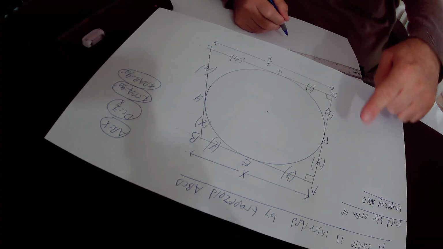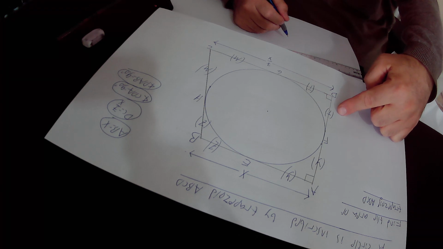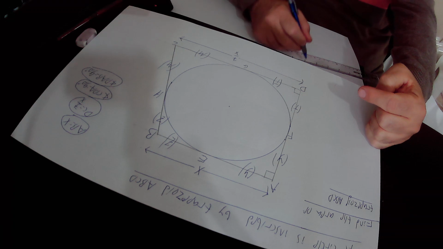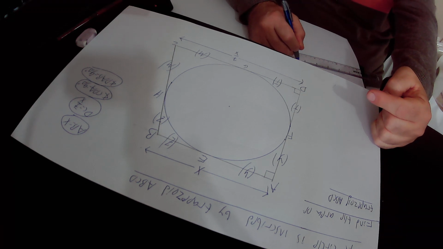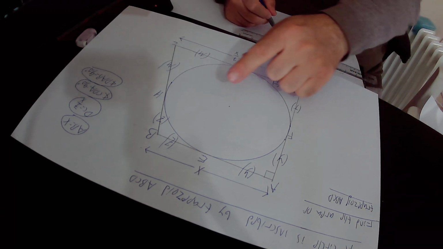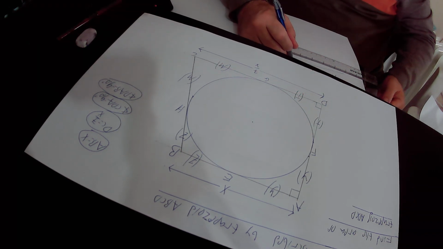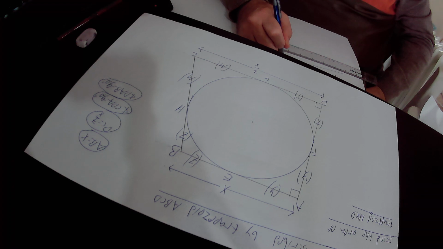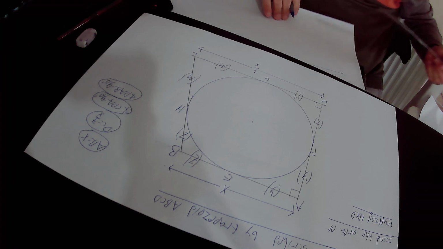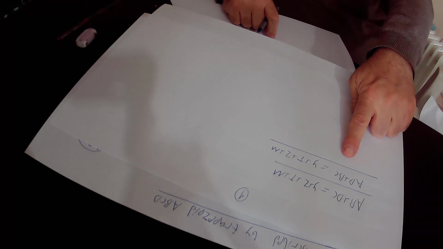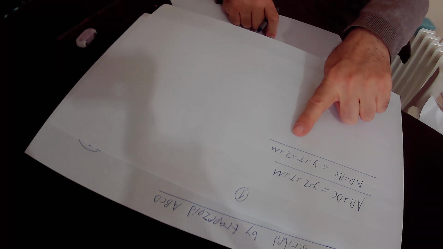AD equals Y plus T. Here, AD equals Y plus T. And BC equals Z plus M. So in total we found out that AD plus BC equals Y plus T plus Z plus M.